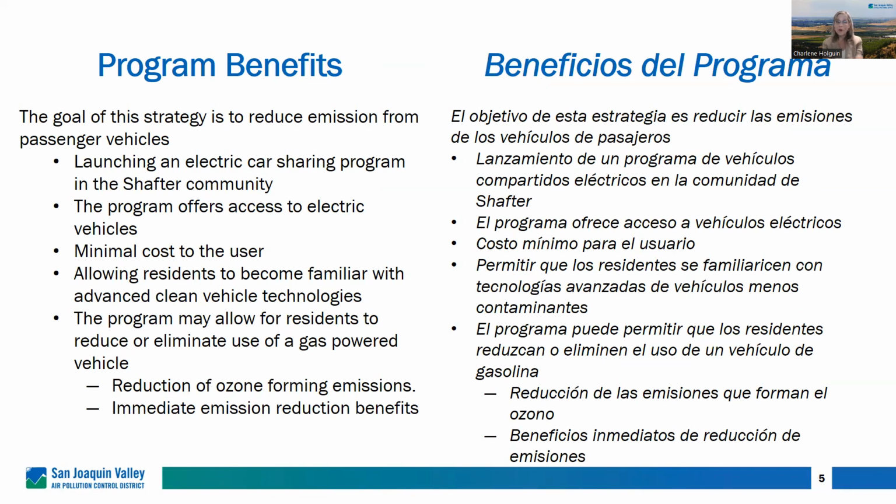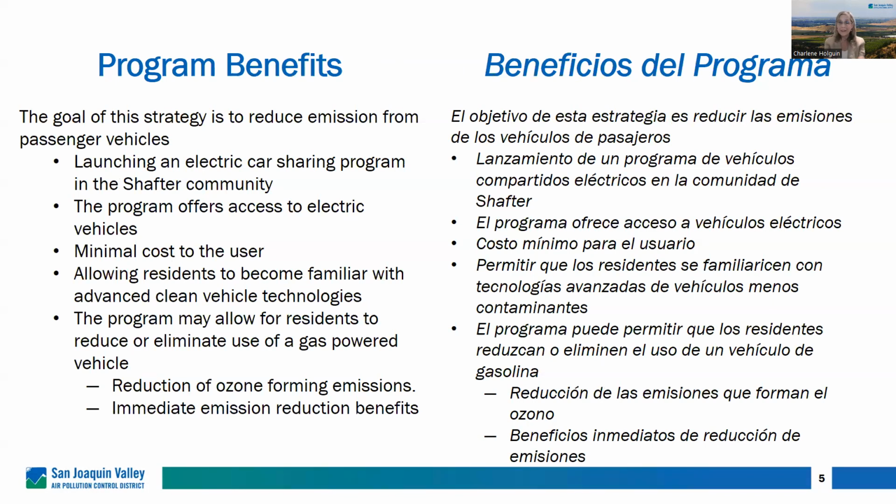Program benefits. The goal of this program is to reduce emissions from passenger vehicles. The way that's going to be done is we're going to launch an electric car sharing program in the Shafter community. The program will offer access to electric vehicles with a minimal cost to the user.